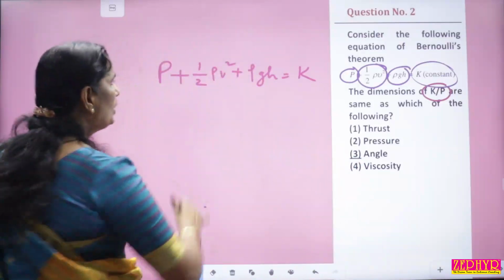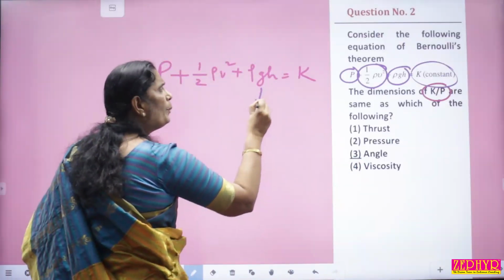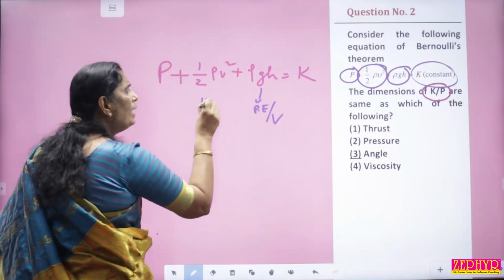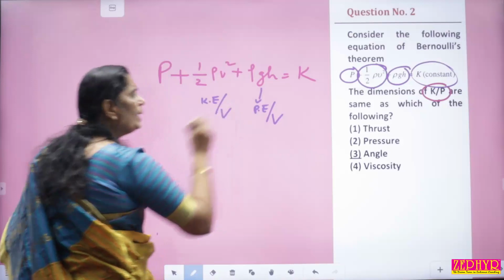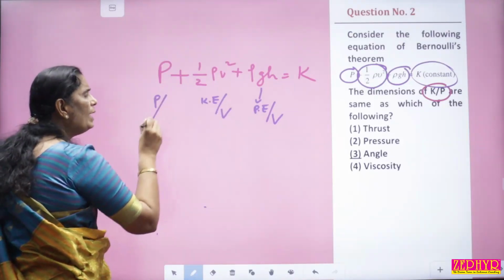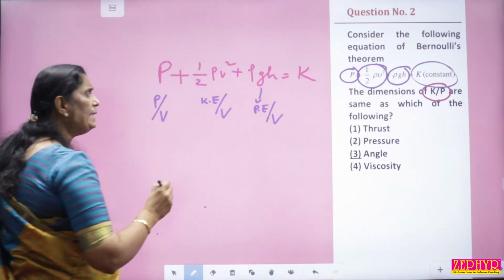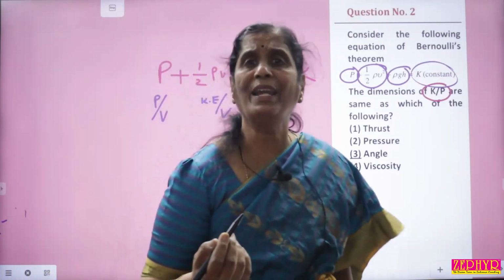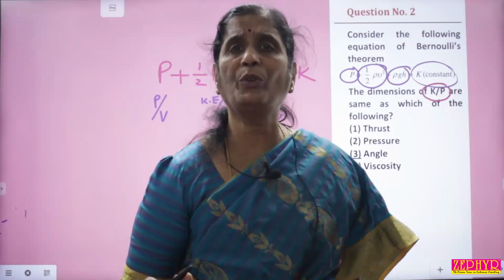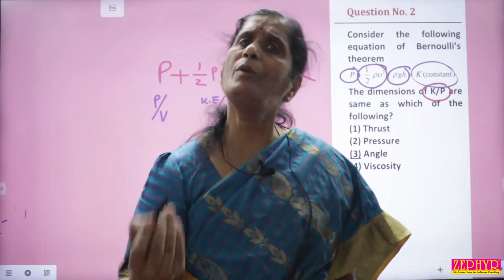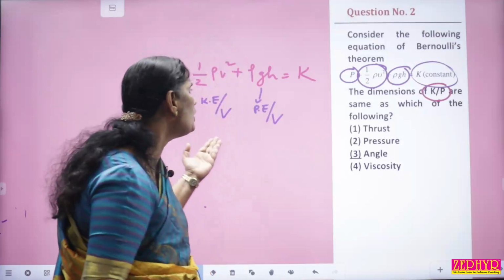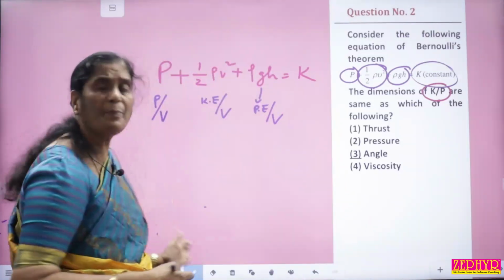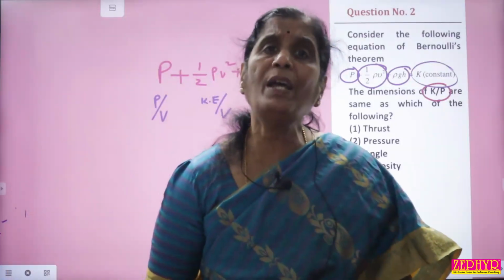So this is our potential energy per unit volume, this is our kinetic energy per unit volume, and this is our pressure energy per unit volume. The meaning is one and the same. Kinetic energy per unit volume: the dimension formula is energy by volume. Potential energy per unit volume is also energy per unit volume. Pressure energy per unit volume is also energy per unit volume.